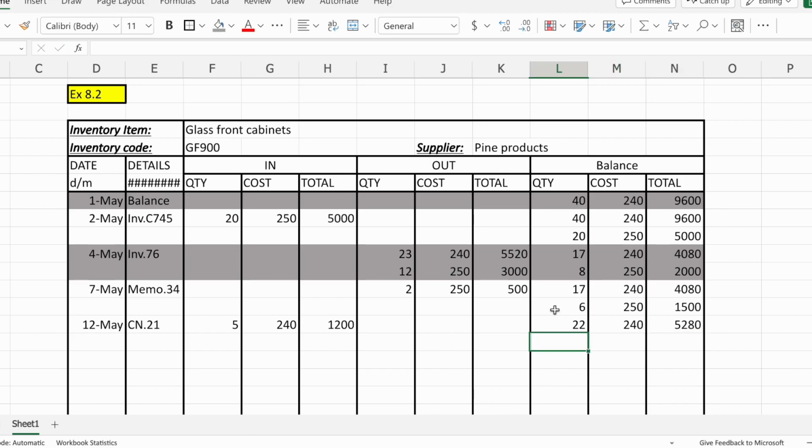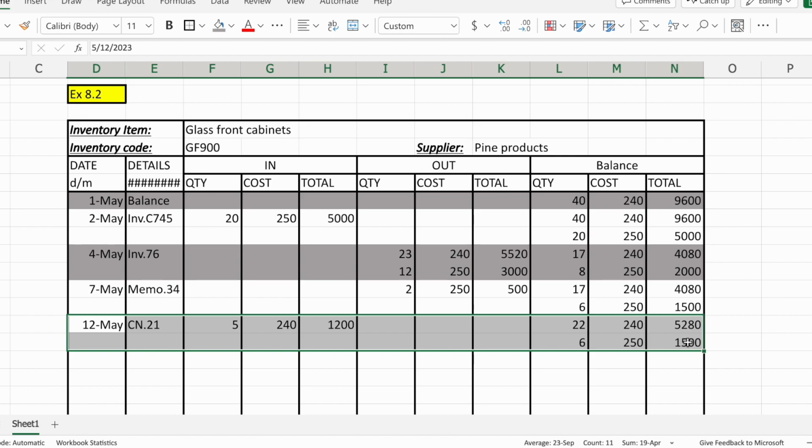The 250 inventory is not touched, so that remains the same. I will color code this.